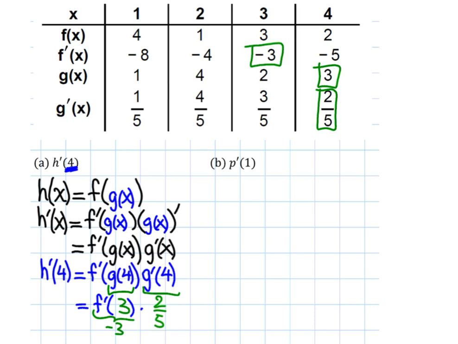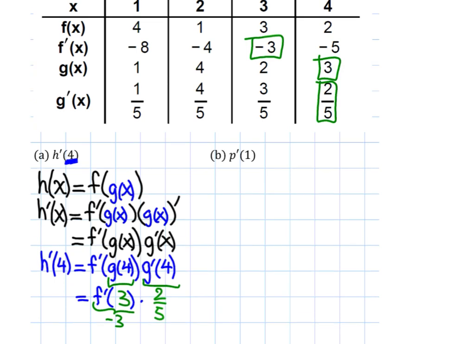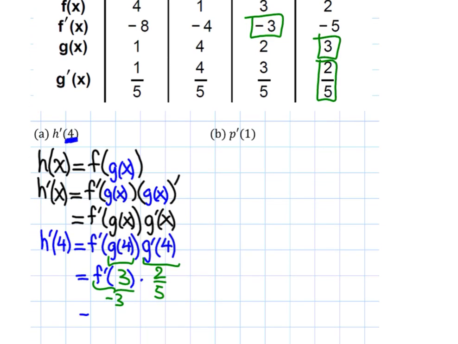Bottom line, we will have -3 times 2/5. -3 times 2/5 is -6/5. Right. So that's the first part of the problem.